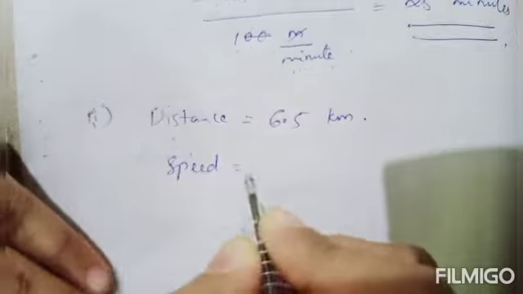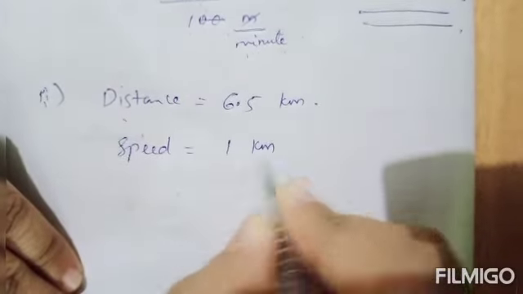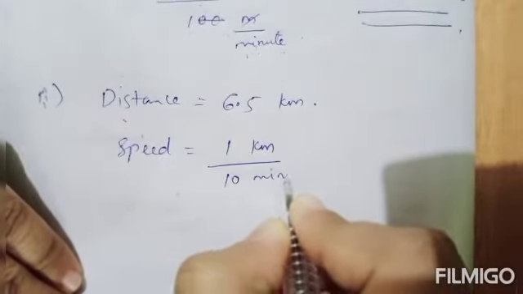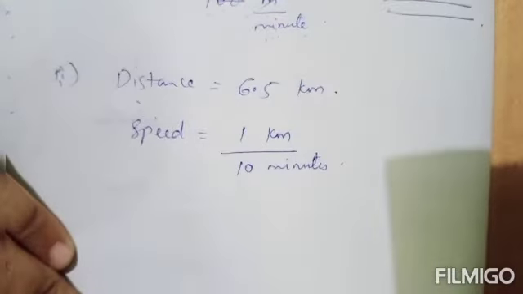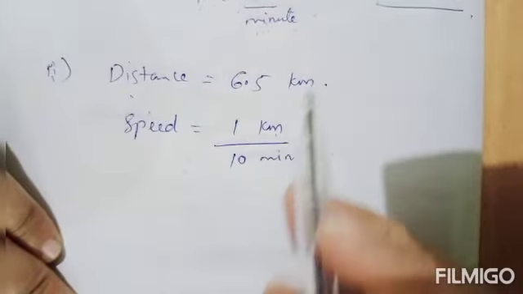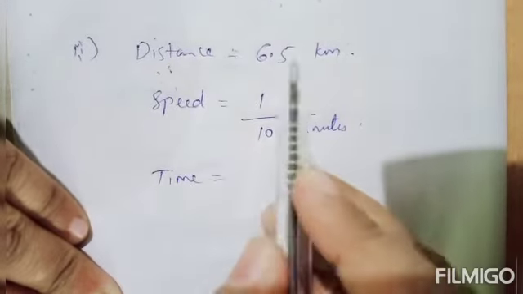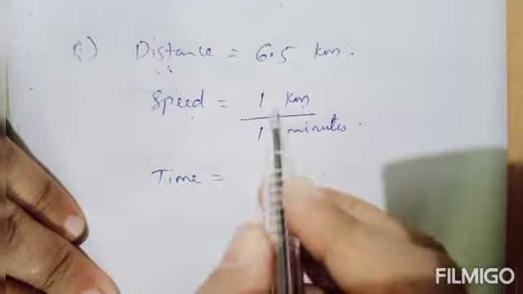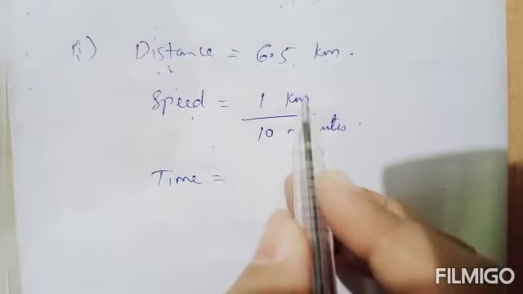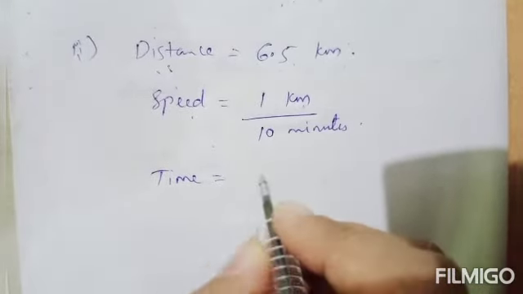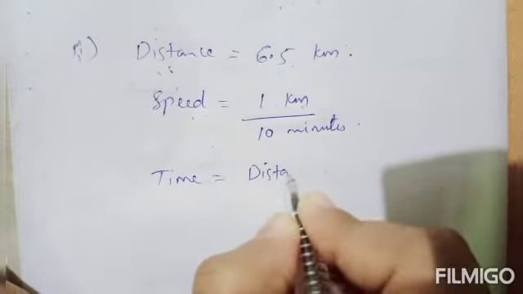Now speed we found, it is 1 kilometer per 10 minutes. Okay, now here the units are the same, so no need to change. So how can you find the time? Distance is 6.5 kilometer. Speed is 1 kilometer per 10 minutes or 1 by 10 kilometer per minute. So time equal to distance by speed.